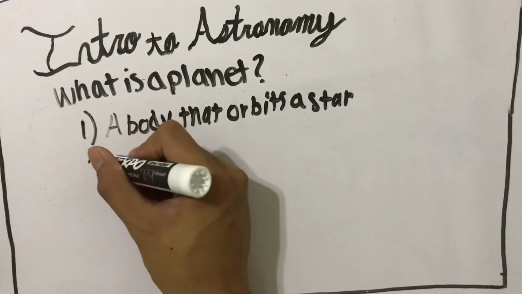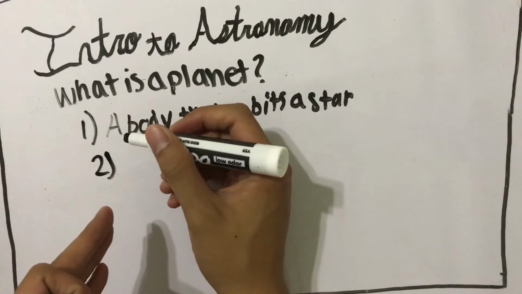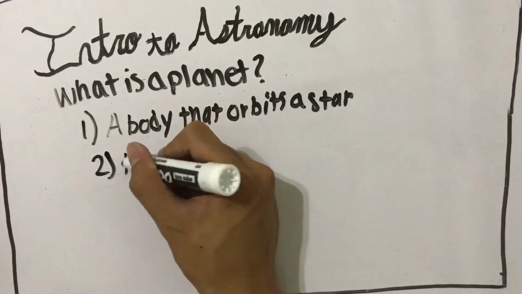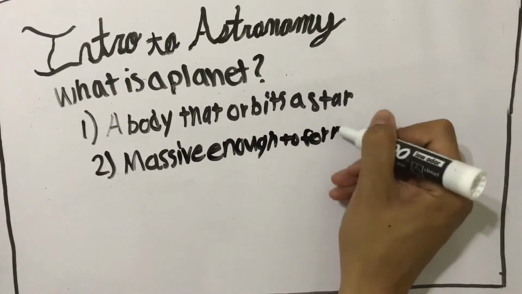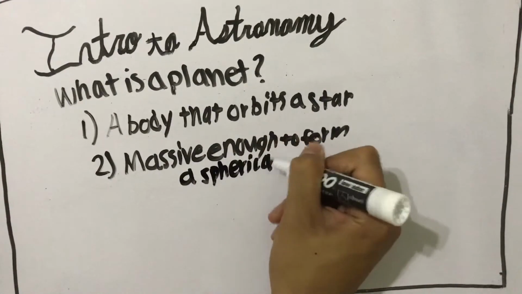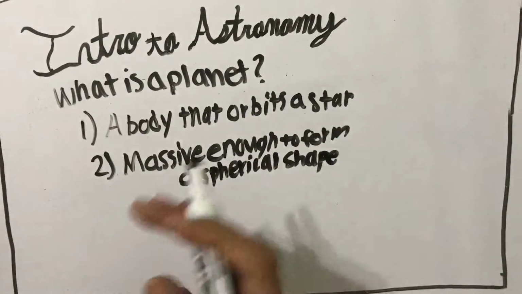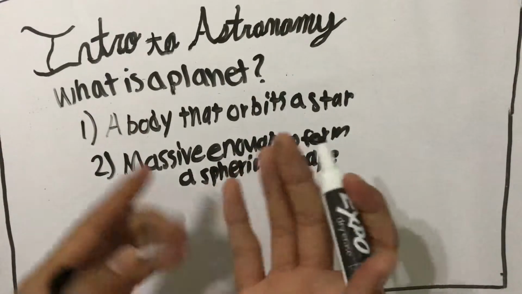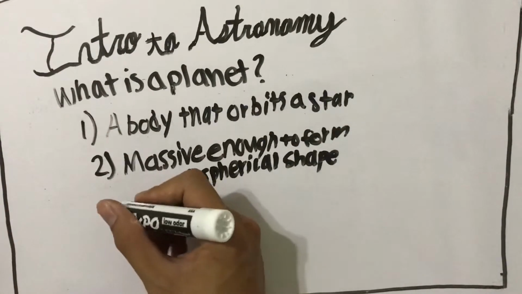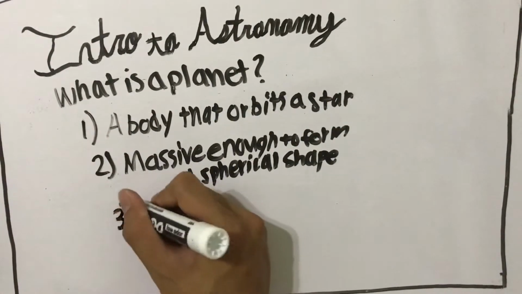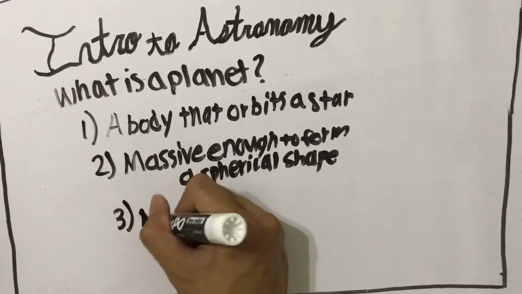But we also have 2 more definitions, and this is, it's massive enough to form a spherical shape. In this case, it's not massive enough for nuclear reactions to begin, so that's why our planet isn't as hot as the sun. The third definition we're going to clarify is that it's not part of any swarm of other objects.